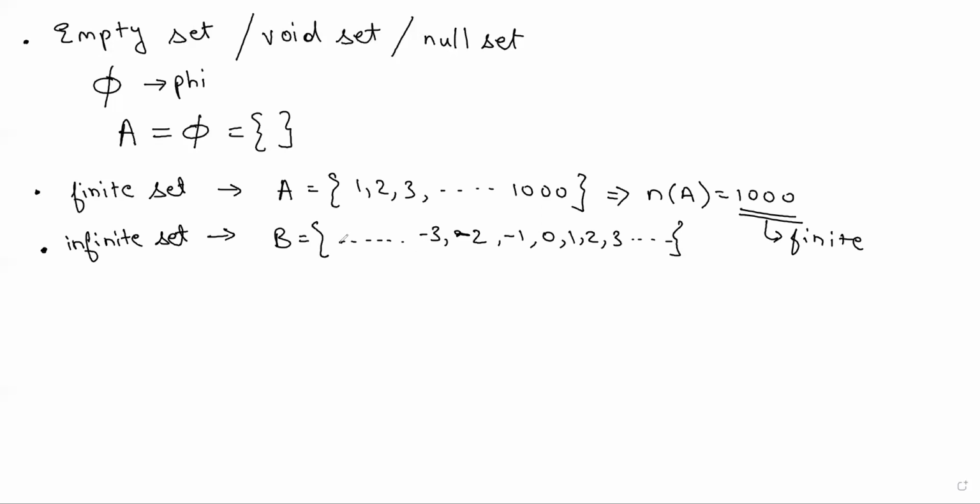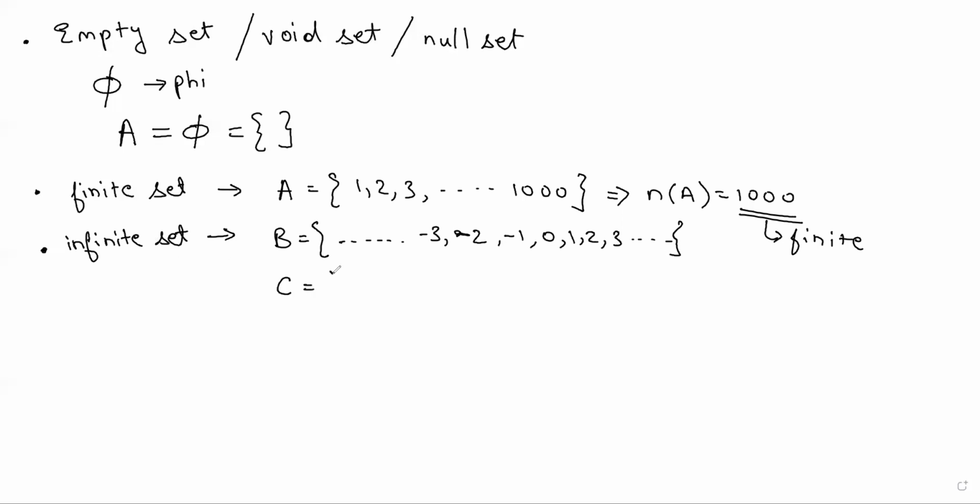Observe, I've started with these dot symbols. Now, the meaning of these dots in the finite set were the numbers between 3 and 1000 in the same series. The meaning of these dots on the left hand side and on the right hand side of this infinite set means the elements of the set reach infinity, both on the left hand side and on the right hand side.